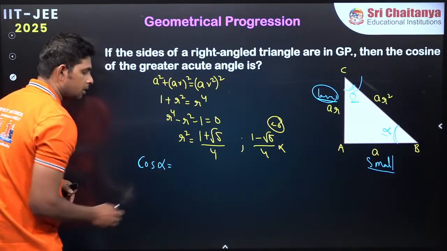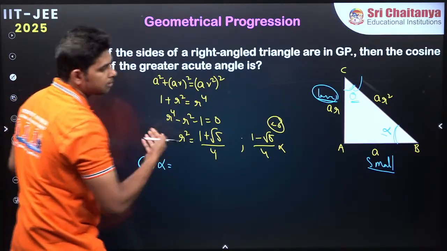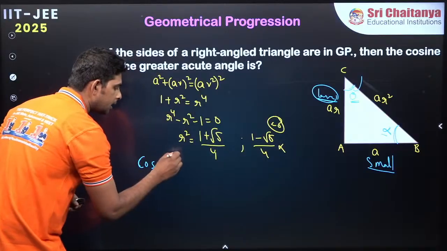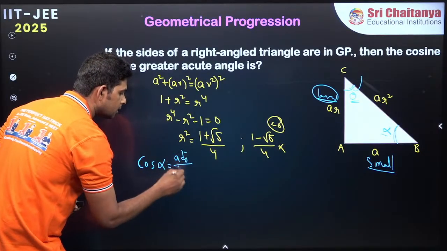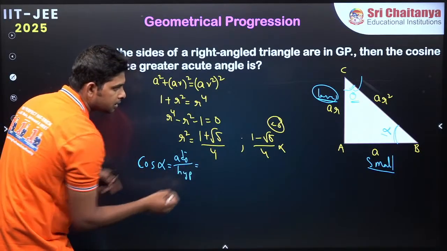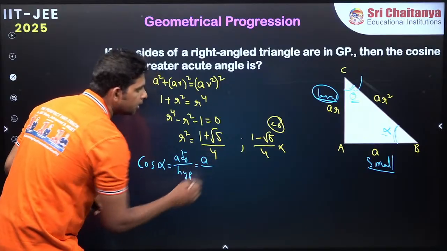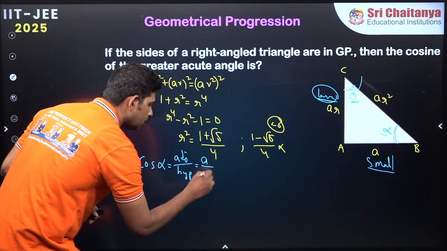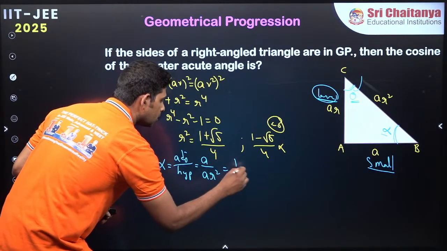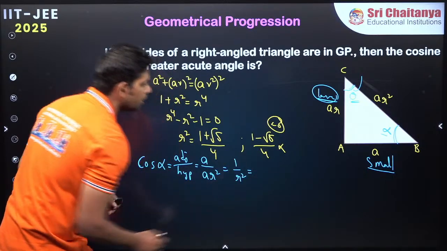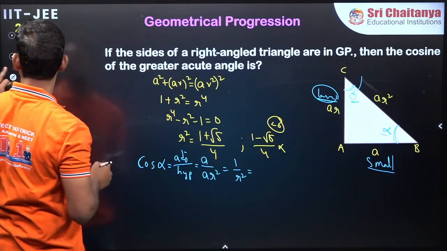Cos alpha is equal to adjacent divided by hypotenuse. Adjacent is giving us A, divided by AR square, that is the hypotenuse, which is equal to 1 by R square. What is 1 by R square here?